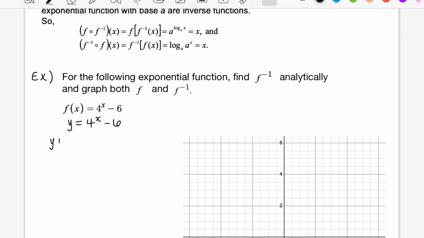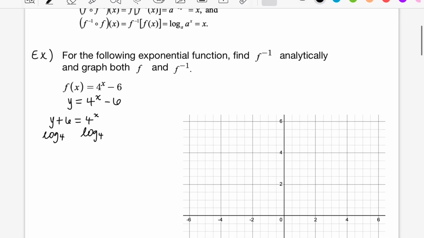So adding 6 on both sides of our equation, we get 4 to the x, and then in order to bring this x down, we have to take log base 4 on both sides of our function, because we know that these guys are going to undo each other. So we end up with log base 4 of y plus 6 is equal to x.